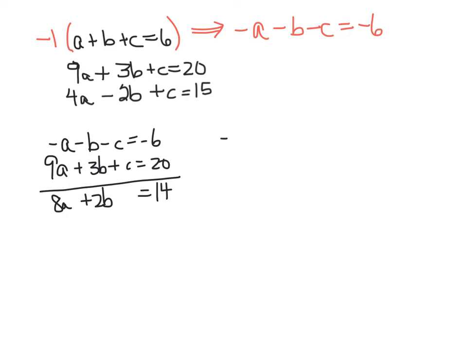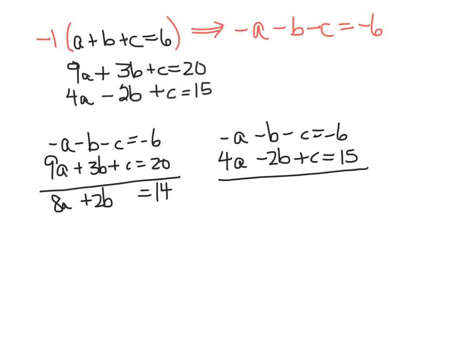Now I'm going to take that very same equation, negative a minus b minus c equals negative 6, and add that to the third equation, 4a minus 2b plus c equals 15. Again, the c's are going to be eliminated because one's positive and one's negative. So I have 3a minus 3b is equal to 9.